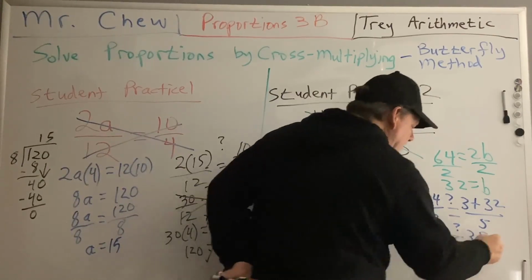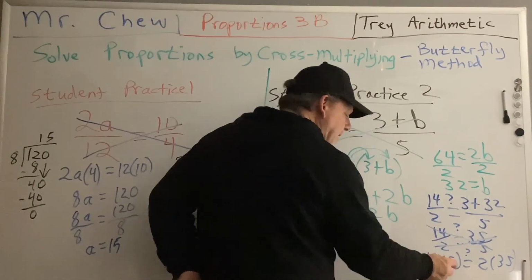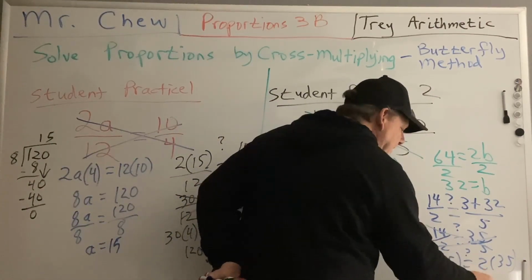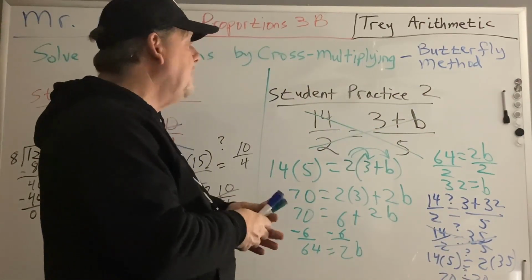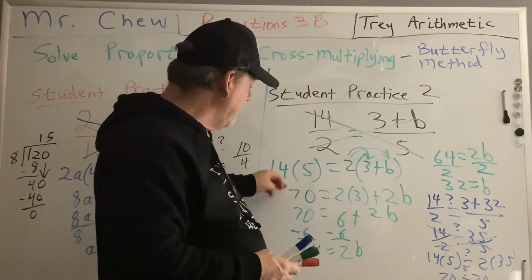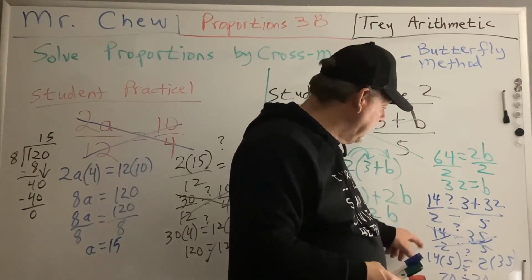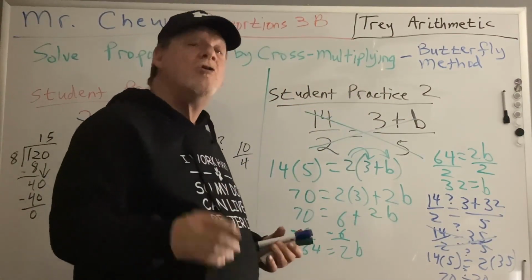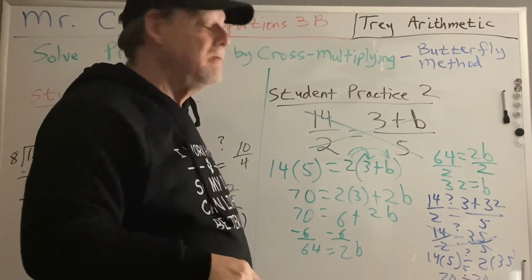Does that equal 2 times 35? 14 times 5 is 70. Does that equal 70? Sure does. Now, if you'd be counting steps, it'd be 1, 2, 3, 4, 5, 6, 7, 8, 9, 10, 11. And yes, when I was teaching pre-algebra, when I was introducing this, I made them write out 11 steps.